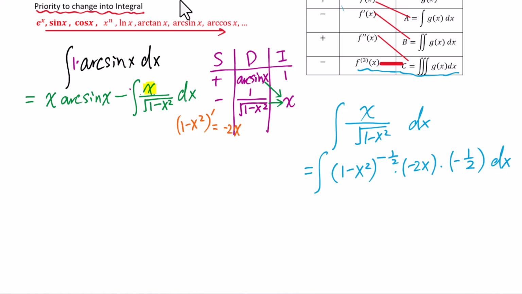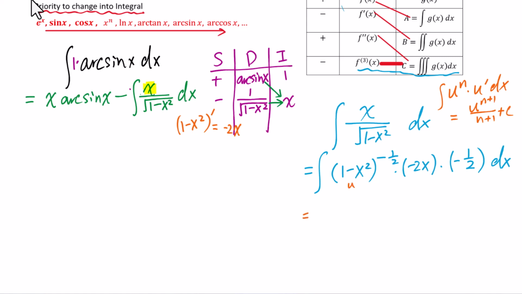We will use this formula: integral of u to the nth power times u prime dx equals u to the power of n plus 1 over n plus 1 plus c.